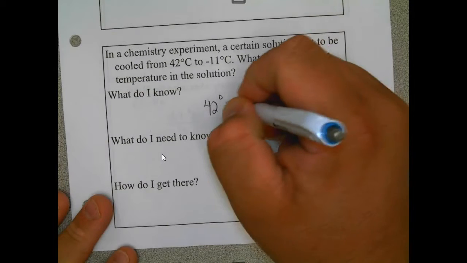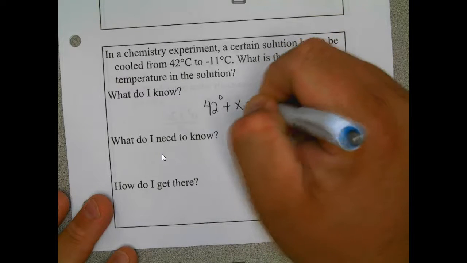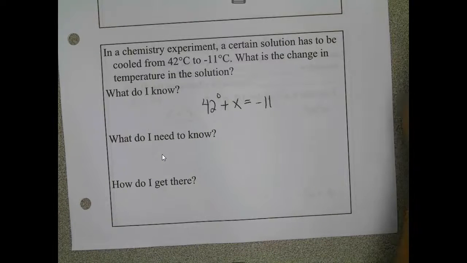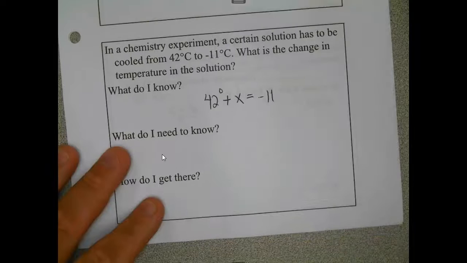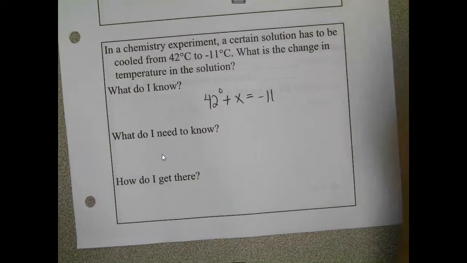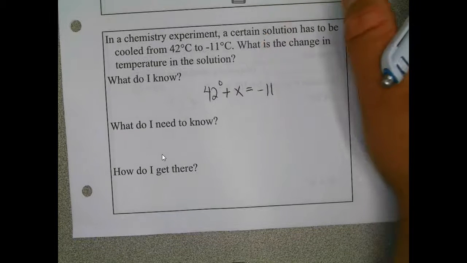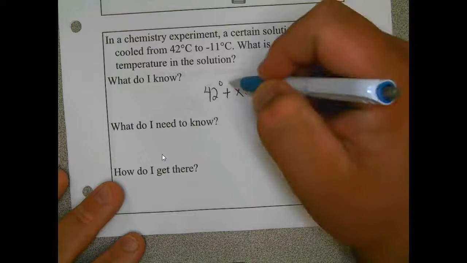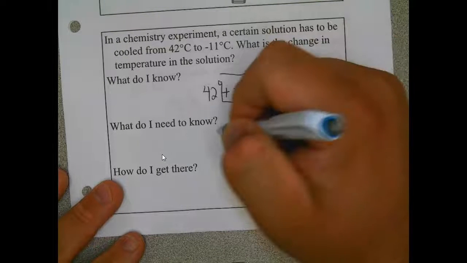And so, really, if you were to create the algebraic equation 42 plus x is equal to negative 11, that would solve it. Now, you were also taught that you could just subtract these two numbers to try to figure it out. But what I want you to start getting is the whole idea of what you need to know is this change piece.